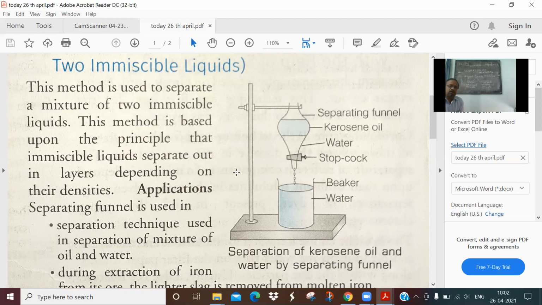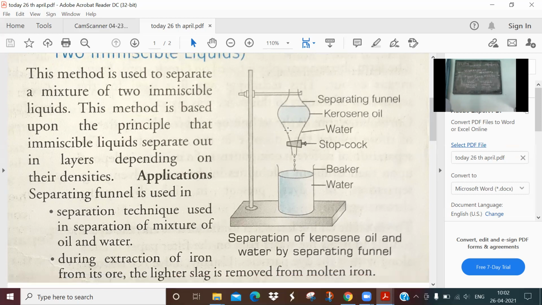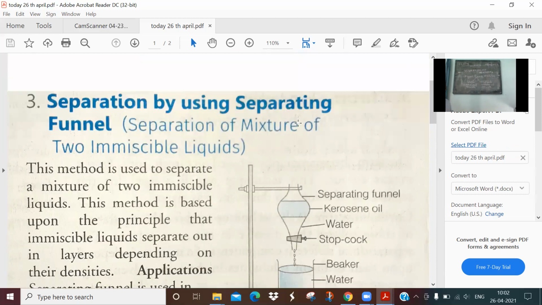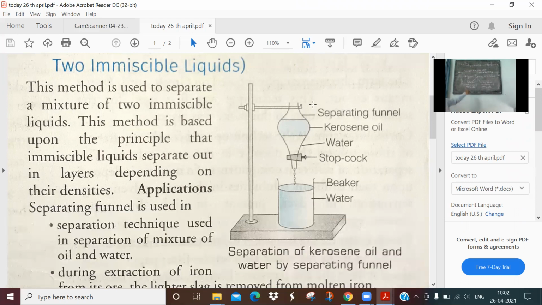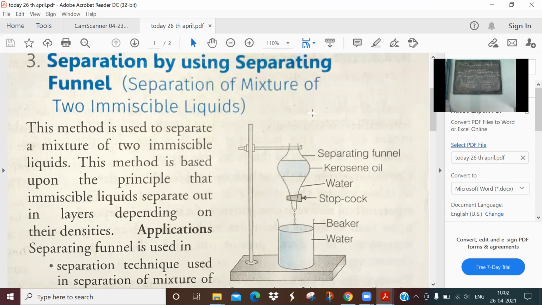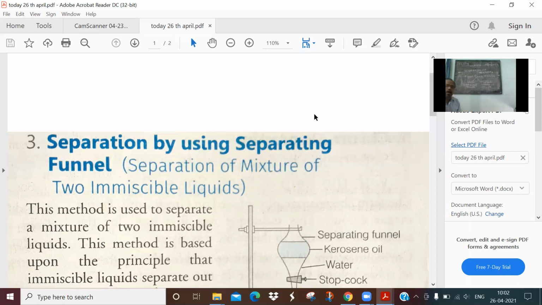Using the special device, open the stopcock and gradually, drop by drop, collect the heavy liquid. When the layer of the heavy liquid finishes, close the stopcock and the two liquids are separated. So this is used exclusively for immiscible liquids only. Now, soluble liquids we will discuss in the next class.